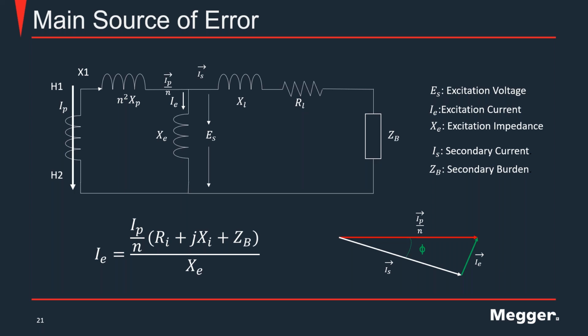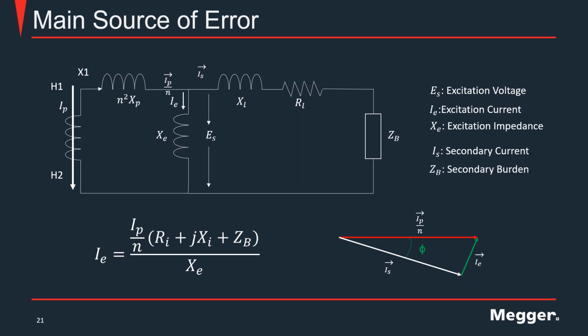But imagine if you lower the burden. If you lower the burden, you can see that you would lower the excitation current. And if you lower the excitation current, obviously your error would reduce as well. Now, keep one thing in mind, that this is mostly applicable for the metering CTs, because they need to be highly accurate.